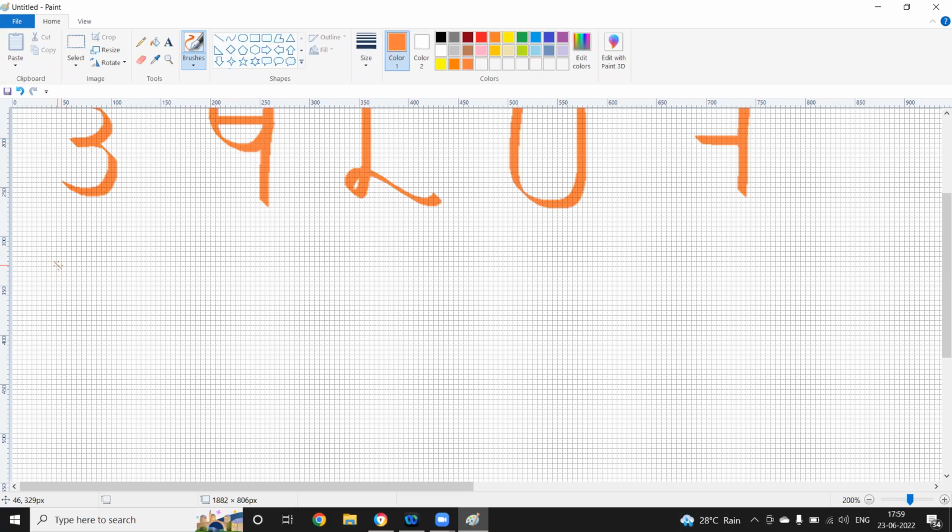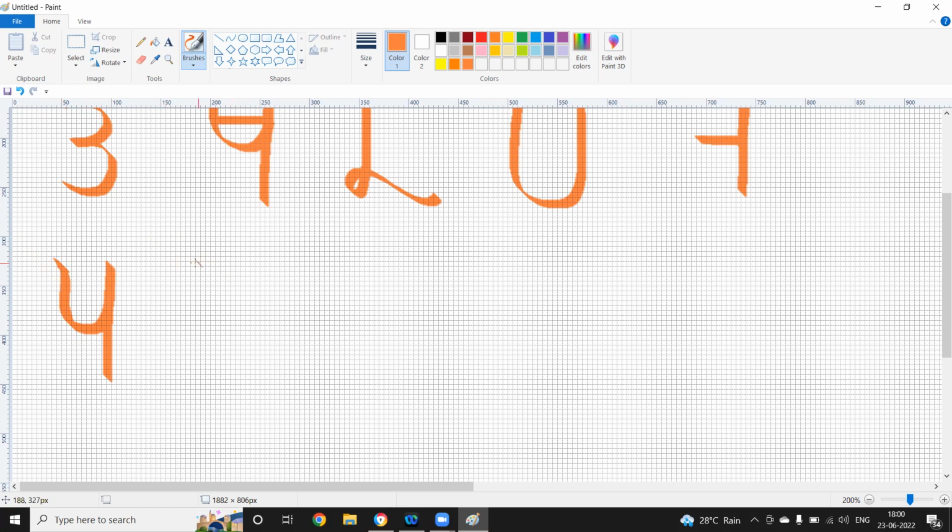Then the next one we saw was pa varg. To draw pa, there is a small curve in the beginning, then the rest of the letter is straight. So this is pa. This entire letter has to be straight. The curve is only in the beginning here, as told earlier.